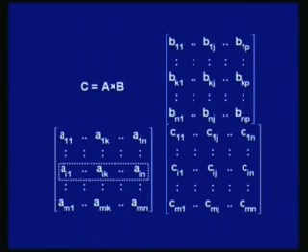The product matrix C is actually obtained by multiplying the ith row of the first matrix by the jth column of the second matrix. This multiplication is element-wise: a_i1 multiplied by b_1j, a_i2 multiplied by b_2j, a_ik multiplied by b_kj, a_in multiplied by b_nj. So we form this sum.